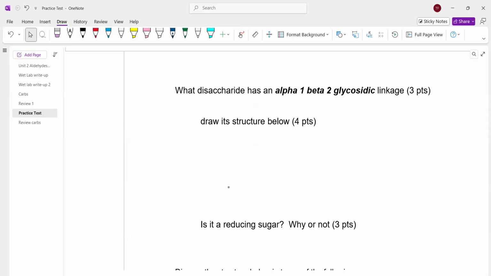Now, as soon as I say alpha and beta in the same description, that automatically means that two anomeric carbons are linked together. The only disaccharide where that occurs is sucrose.